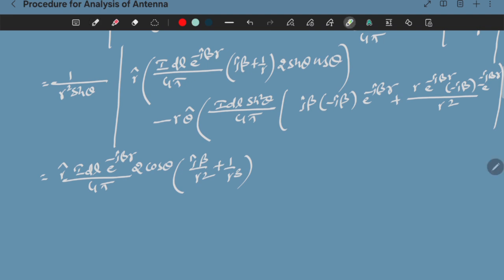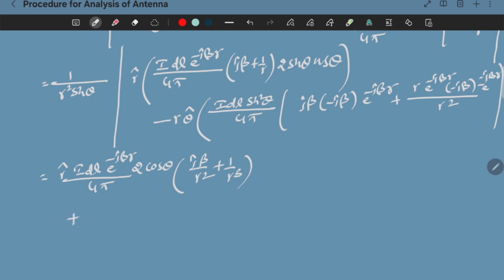Now we'll apply this one to this part. The two terms are there, so be careful. So here you can see minus into minus will be plus. Here also minus is there, this minus will be plus, so everything is plus, no problem.